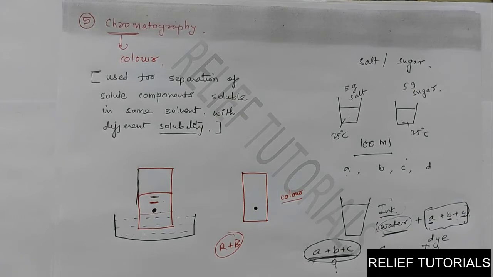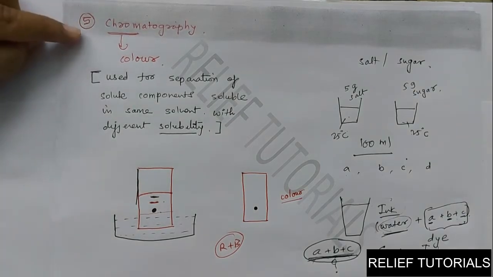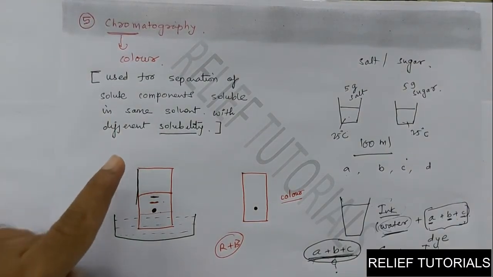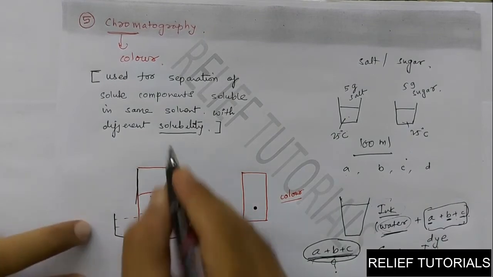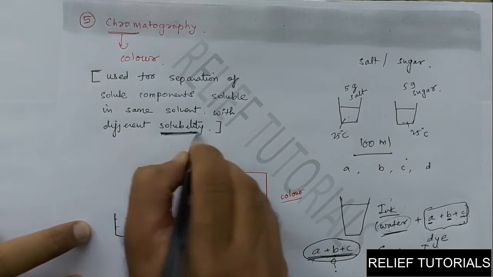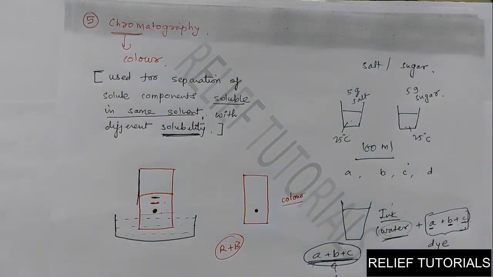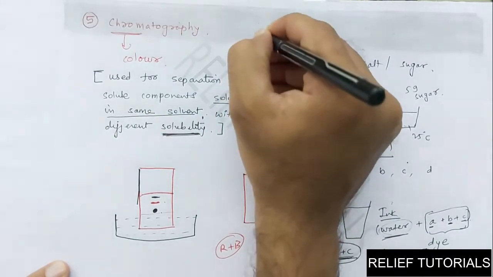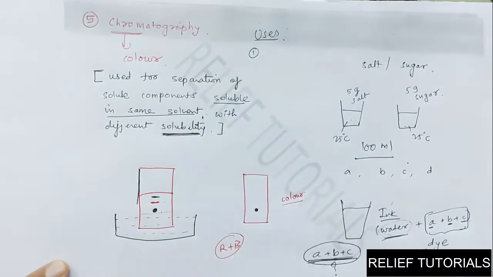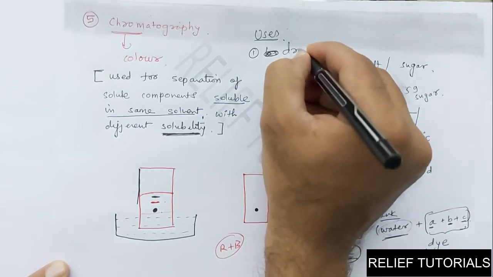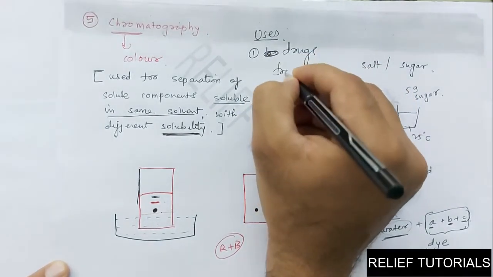See, don't misunderstand that this process, chromatography, is always used for the separation of colors. No, this process is totally scientific, and it is based on the solubility of the solutes soluble in the same solvent. So this can be used at many places, just like first use: to separate drugs from blood.